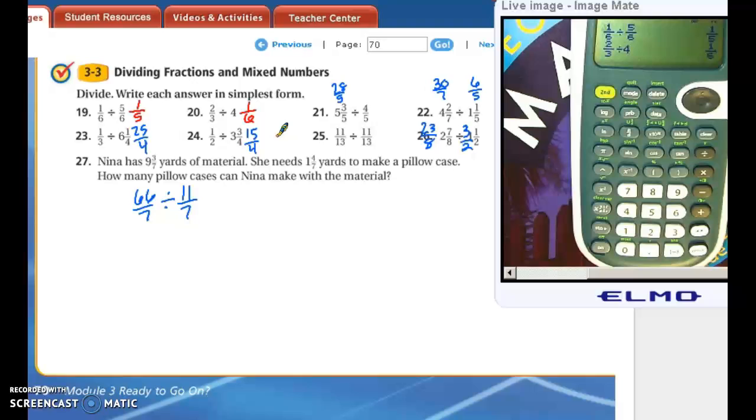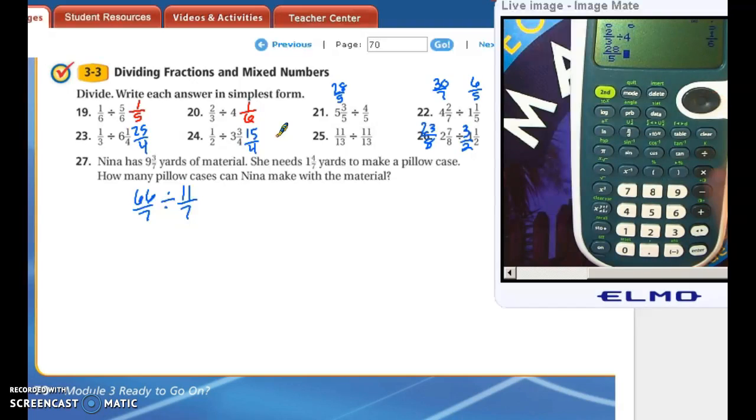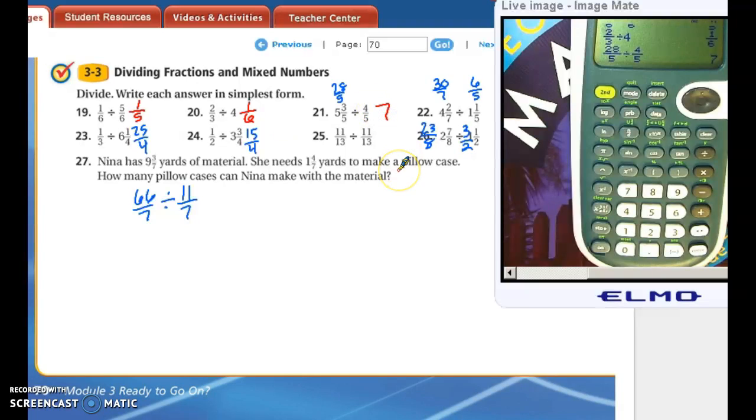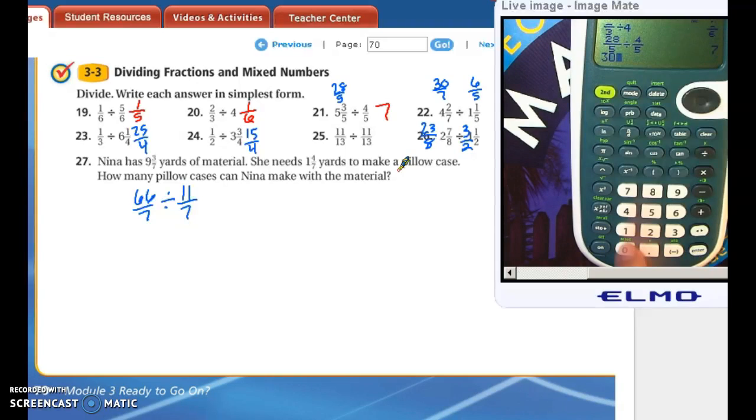To save time, I went ahead and converted the mixed numbers to improper fractions. So I have 28 over 5 divided by 4 over 5, and that is 7. For 22, I have 30 over 7 divided by 6 over 5.